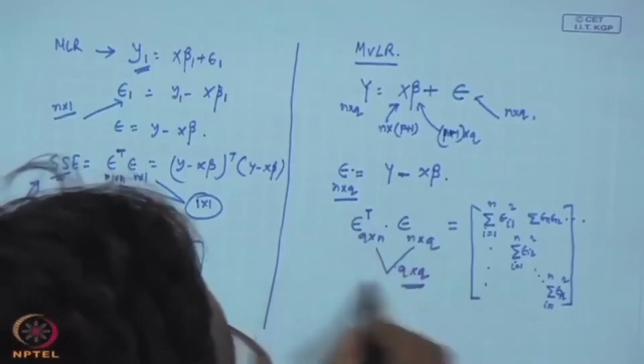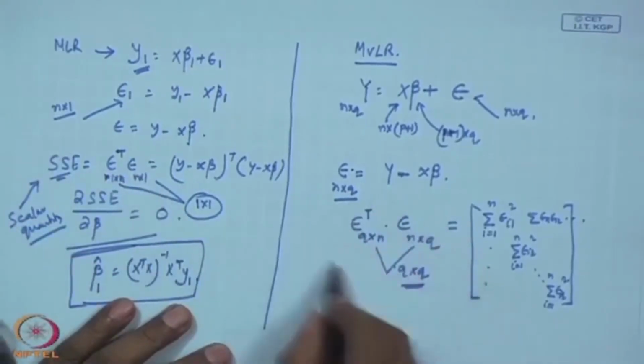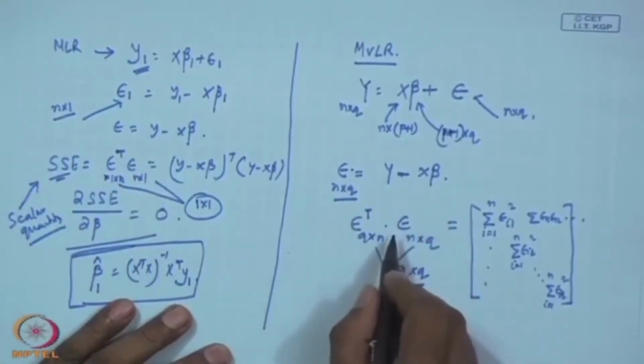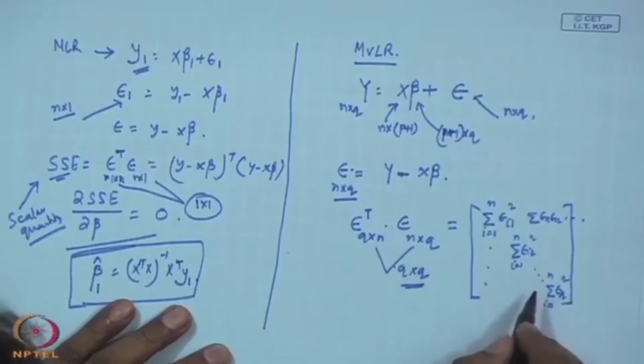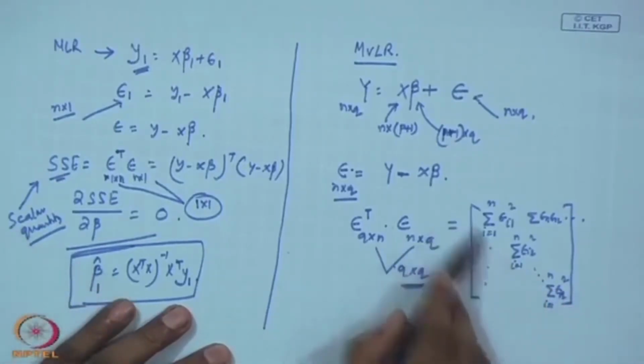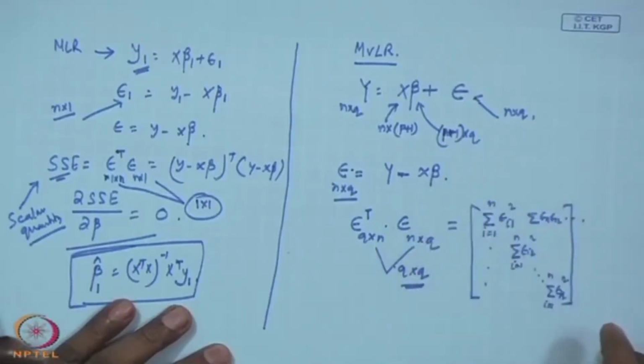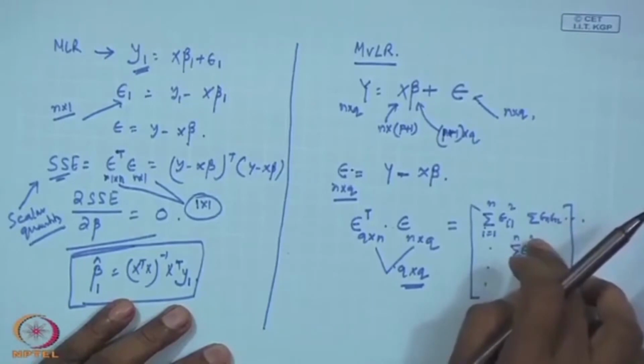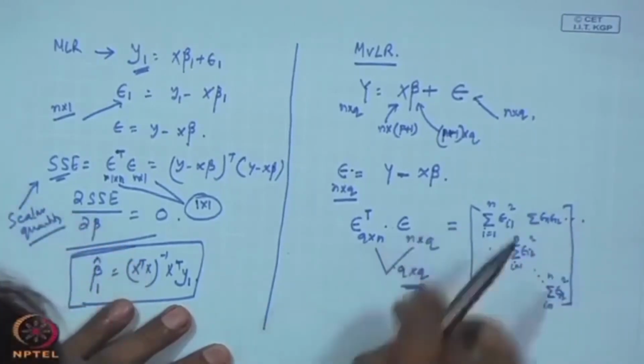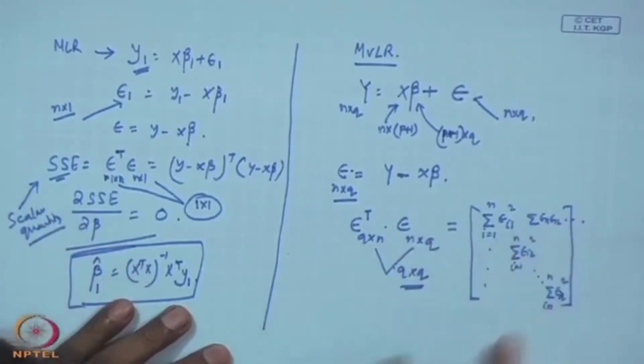So, your error sum square is no longer a scalar, it is a matrix, and it is symmetric. It has diagonal elements, the variance component, and the covariance component of these error terms, although we assume that the covariance component will be 0, that is our assumption.